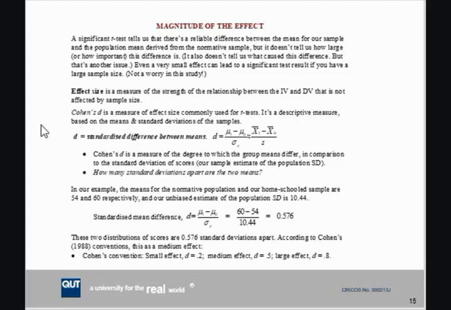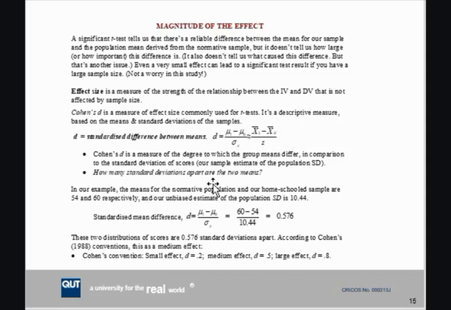So Cohen's d is the best measure of effect size for our t-tests. It is a descriptive measure that's based on our means and our standard deviations of our samples. So it is simply how far apart our means are in terms of standard deviation.